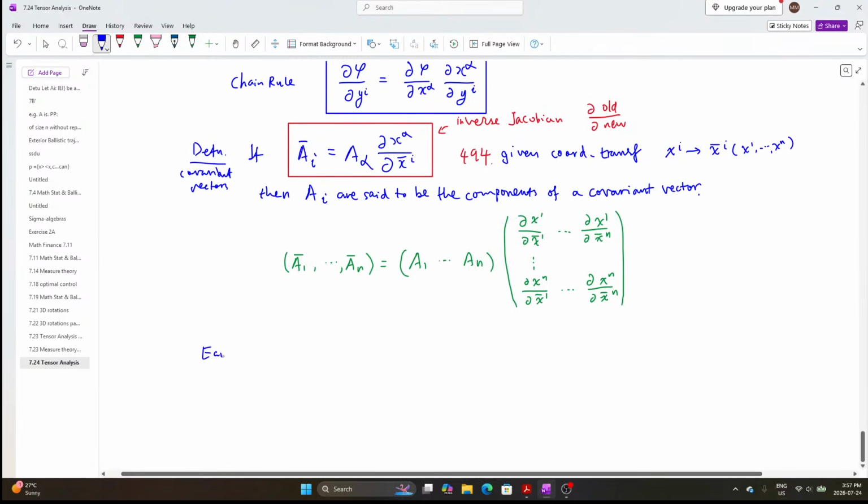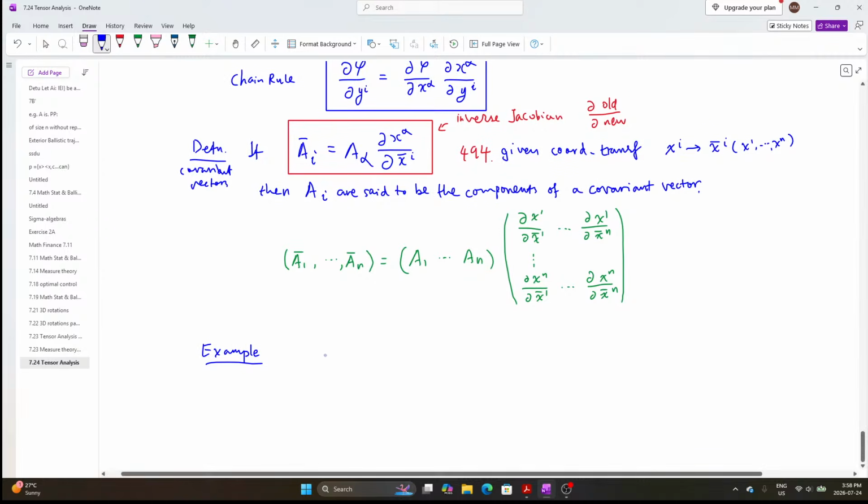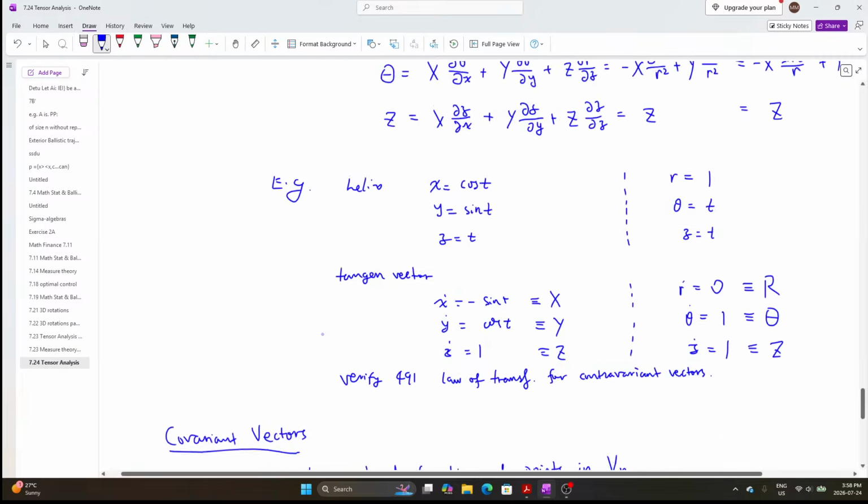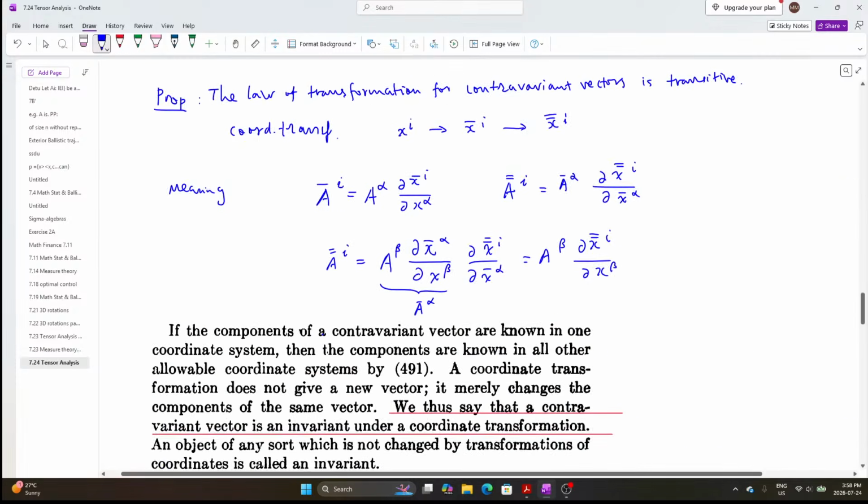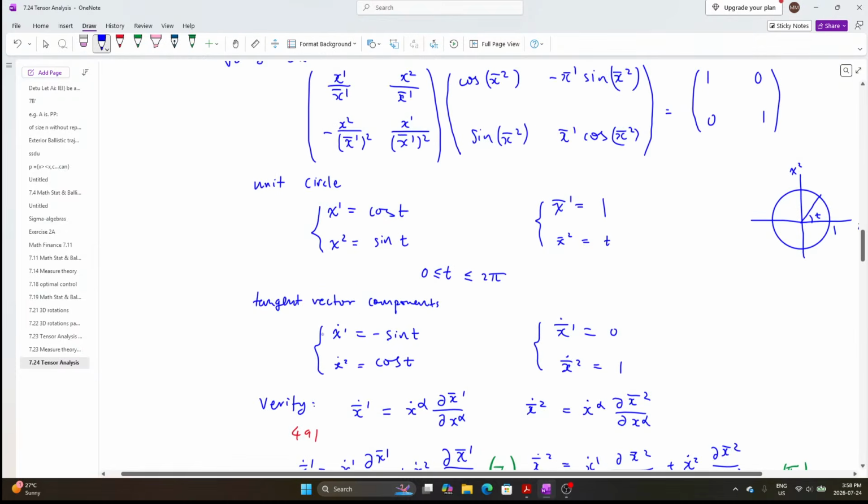Example. Let's give ourselves a familiar pair of coordinate systems and a simple scalar field to differentiate, and check whether everything is still stitched together. Let's just copy everything from earlier.